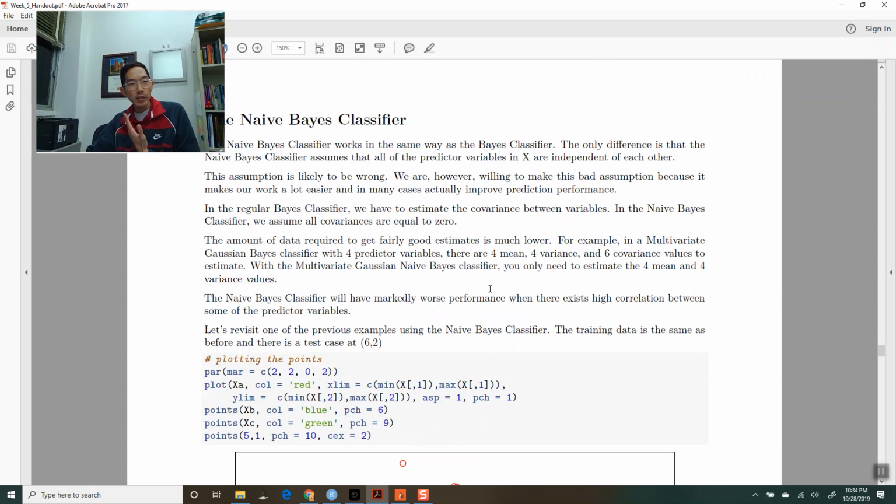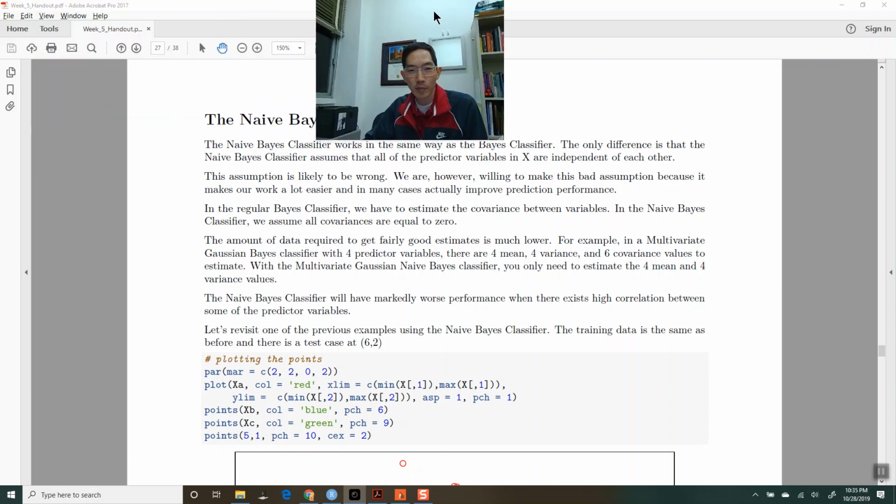That's going to be a bad assumption in a lot of cases. In a lot of cases, the X variables will have some kind of covariance or correlation between them, and the naive Bayes classifier explicitly says we're going to assume that there's no covariance, no correlation.